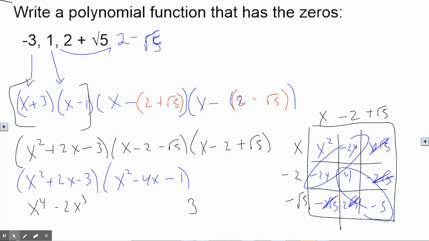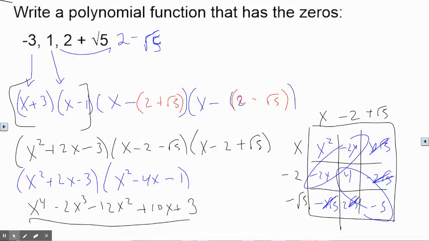Those are my x to the 3rds. And then x squareds, I'm going to have negative 1 and negative 8. That's negative 9 so far. And negative 3 more makes negative 12x squared. And my x's are going to be negative 2x and positive 12. Negative 2 and positive 12 makes positive 10x. And I hope that's what you got also.